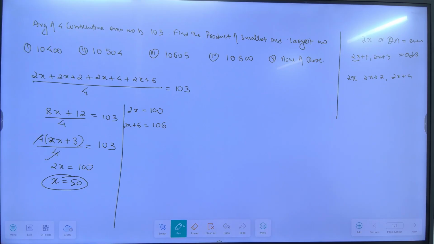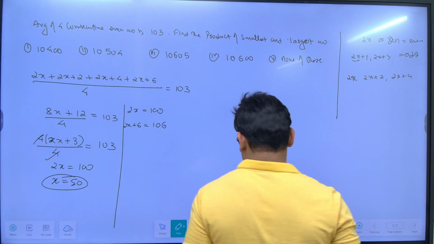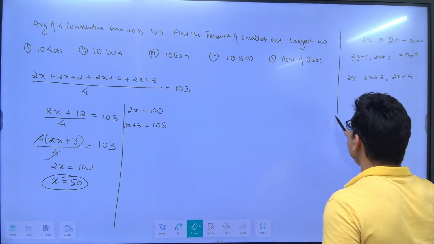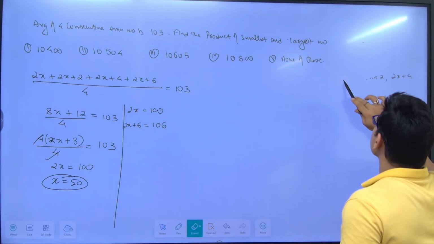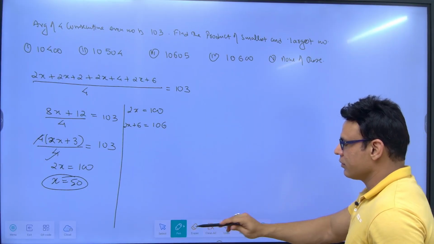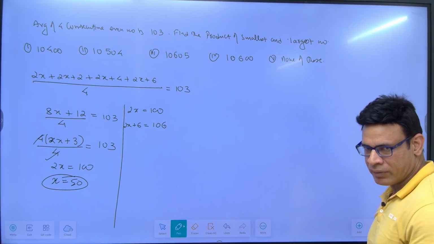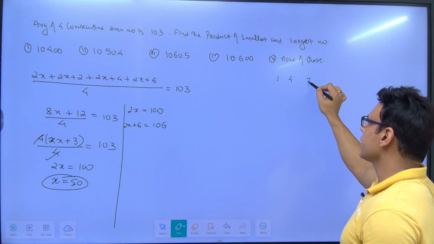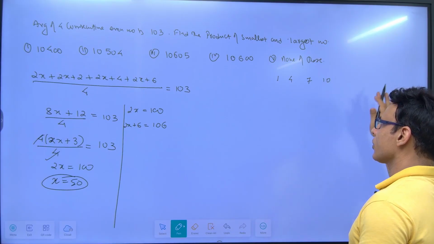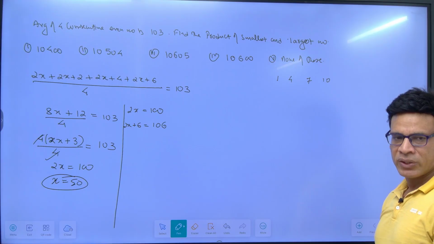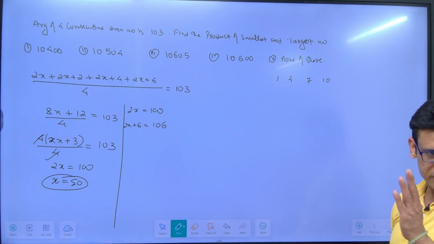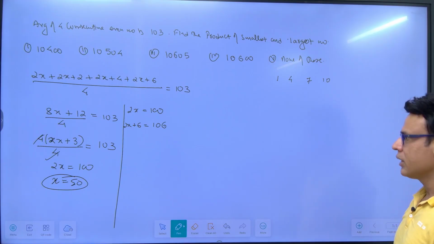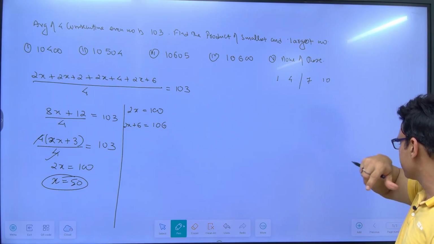Now understand something. You also don't have to do this variable thing. Just tell me one thing: these numbers are, first of all, evenly spaced. If I write 1, 4, 7, 10, these numbers are called evenly spaced. When numbers are equally spaced, the average is exactly the middle value.